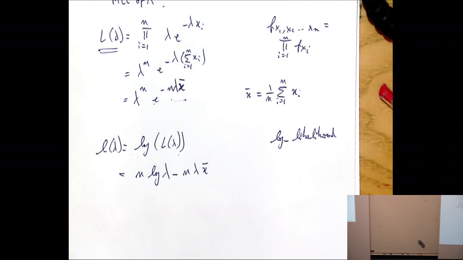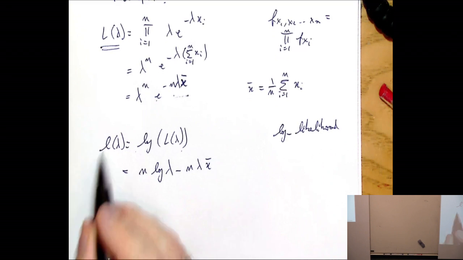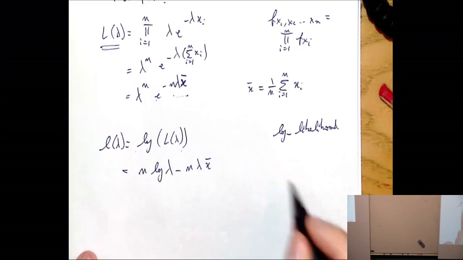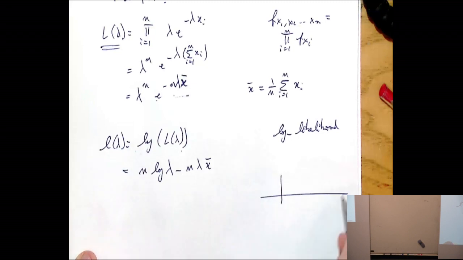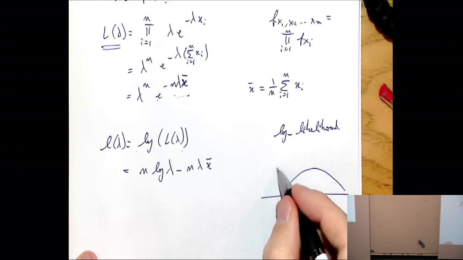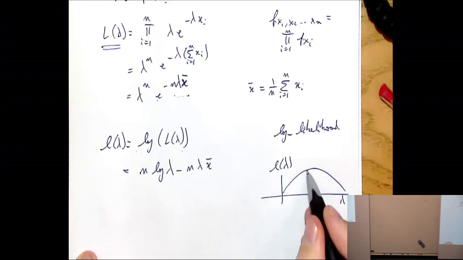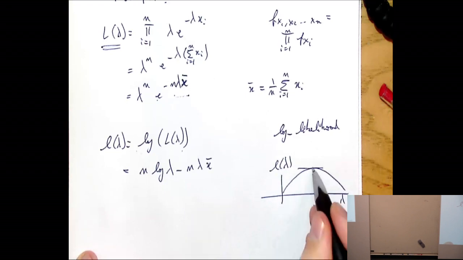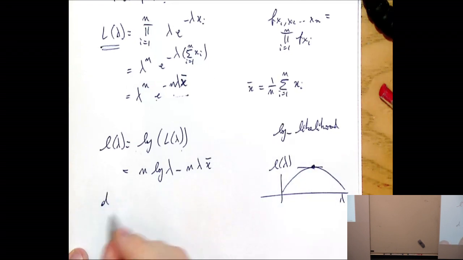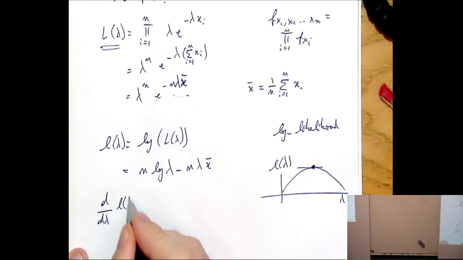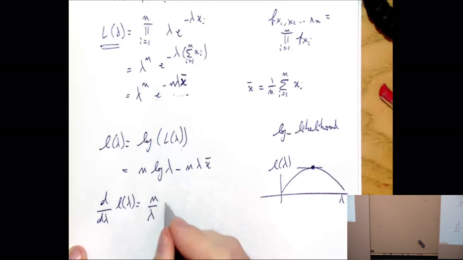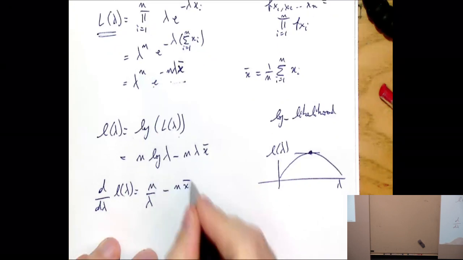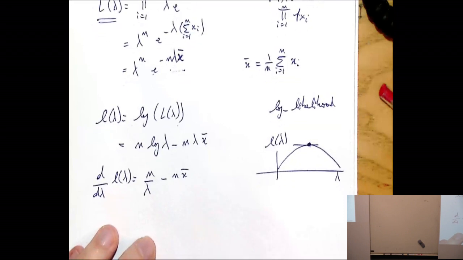So how can we find this? I want to find the lambda that maximizes this quantity. So I just hope that I have a concave function like this, L of lambda, as a function of lambda, and I can take the derivative and find the value of lambda such that the derivative is equal to 0, right? So if I take the derivative with respect to lambda of L, I get n over lambda minus n x bar, right?